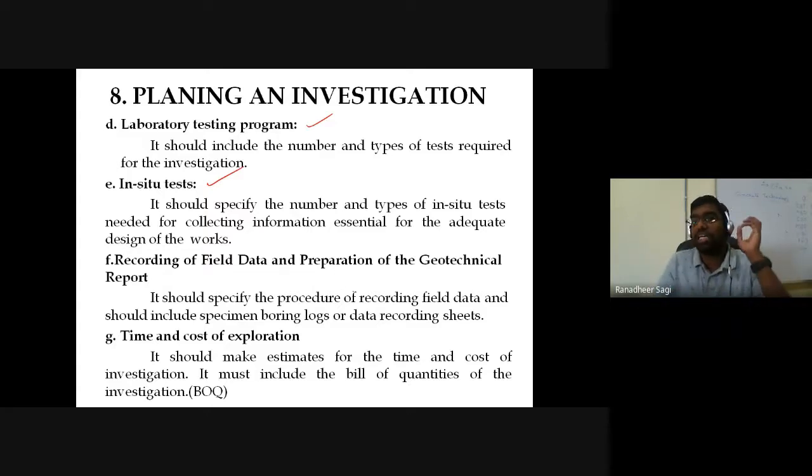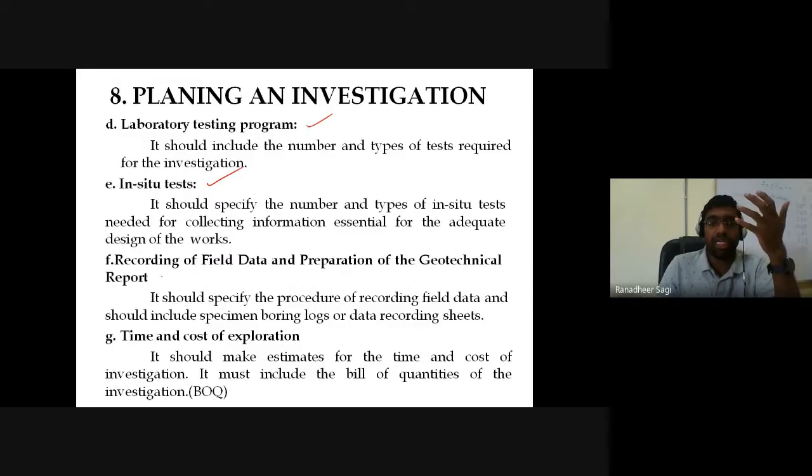And whatever tests are conducted in the lab or in the field, how the results are to be computed and recorded in the preparation of your geotechnical report.